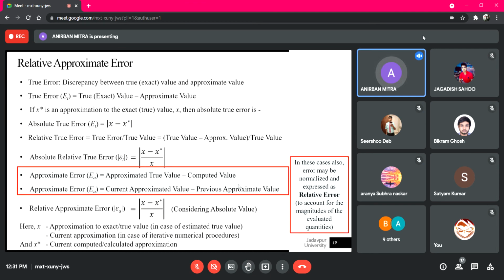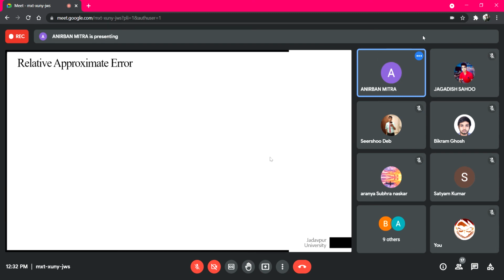Whereas x star is the previous, calculated approximation. So that is all about the relative approximate error.